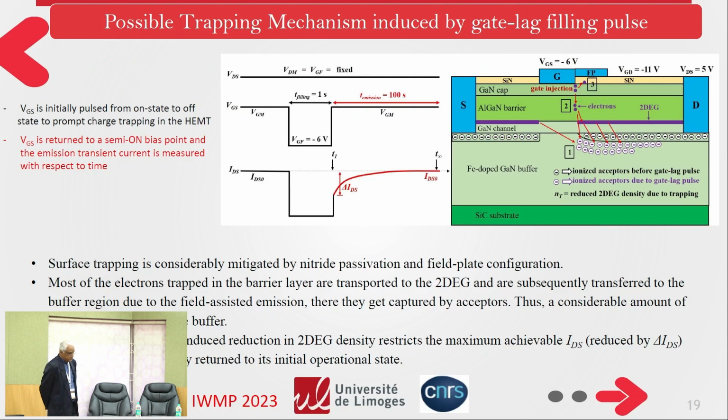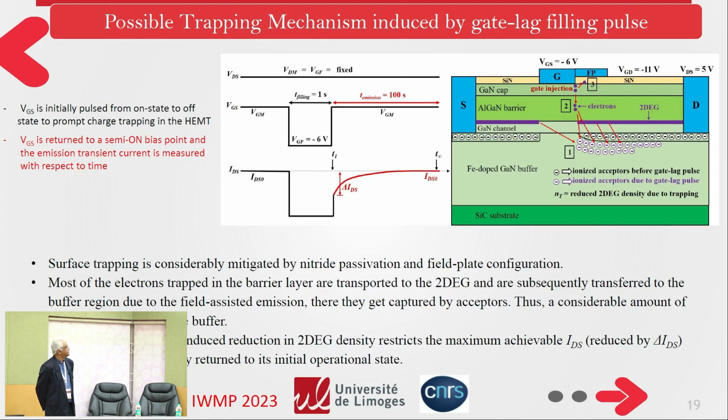For this method, we use a drain current transient measurement. That means a single pulse, only a single pulse, because VDS is constant. We have taken 5 volts for VDS, and VGS is initially pulsed from the off state to promote charge trapping in the device.